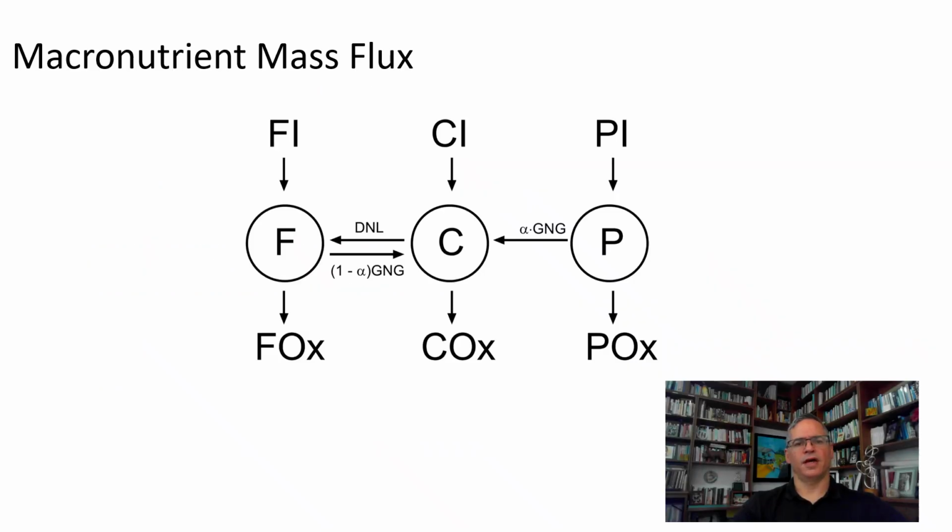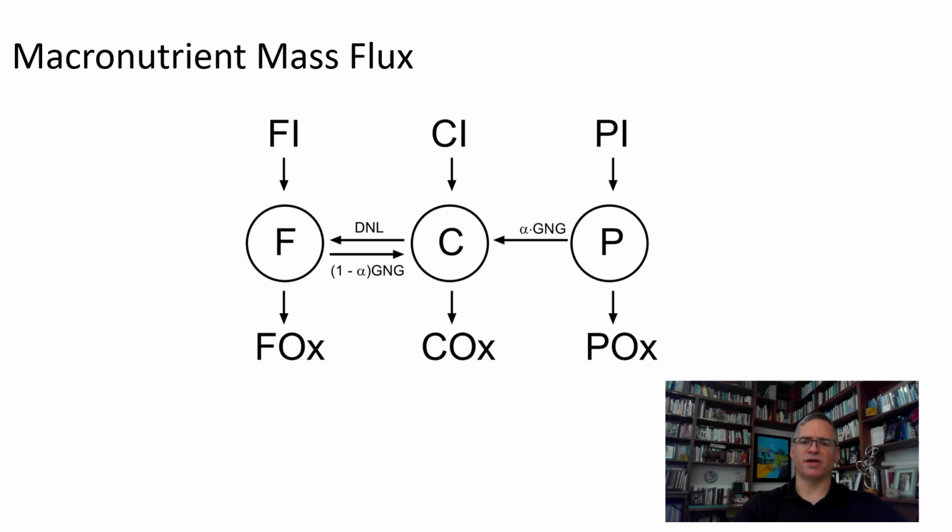You are now looking at a macronutrient mass flux diagram. Circles represent macronutrient body reserves. F is fat, C is carbohydrate, and P is protein. GNG stands for gluconeogenesis, and DNL for de novo lipogenesis. The Greek letter alpha is the fraction of gluconeogenesis given by amino acids, and 1 minus alpha is the fraction given by the glycerol released from fat lipolysis.